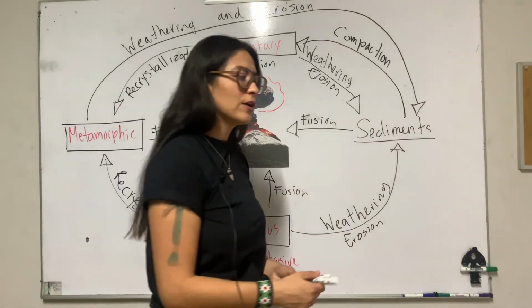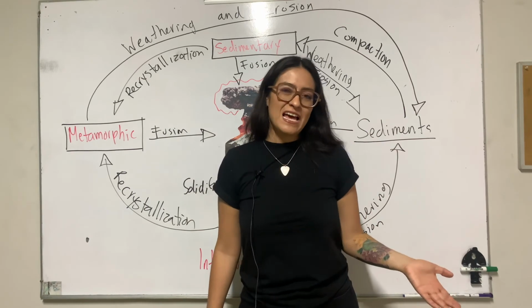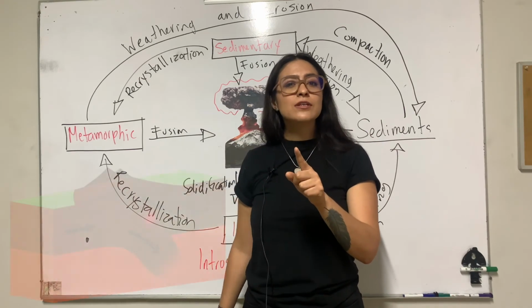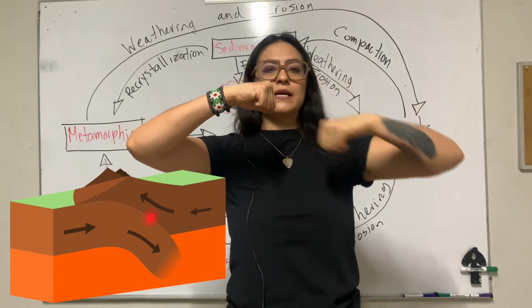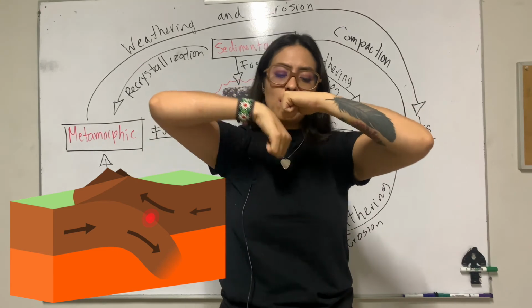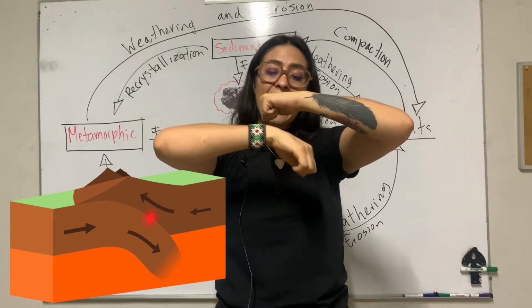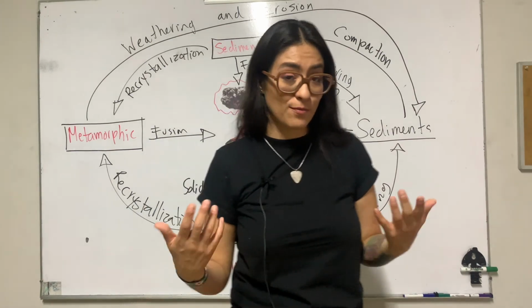So where are we going to fuse or melt rocks? Do you remember the convergent boundaries? The convergent boundaries are where you have one tectonic plate colliding with another, and the heavier one goes underneath the other, in a process called subduction.